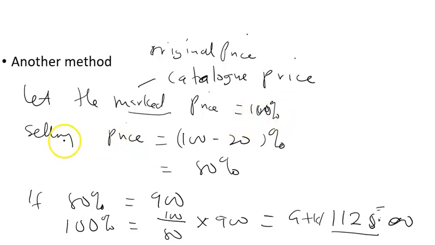Selling price equals 100 minus 20, a reduction of 20%, so we have 80%. It means the item was sold at 80%. So if 80% equals 900, the selling price, then the original price equals, if less, more divide, 100 over 80 times 900. That gives us 1125. Very nice question.